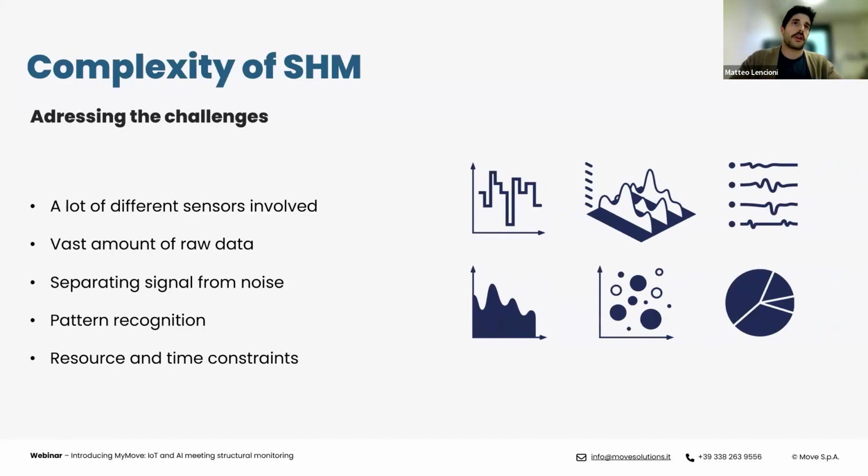And what we were able to understand primarily is that most of the time when you have a monitoring job, whether it's structural health monitoring, or a construction site, or an environmental type of monitoring, there are a lot of different sensors involved.